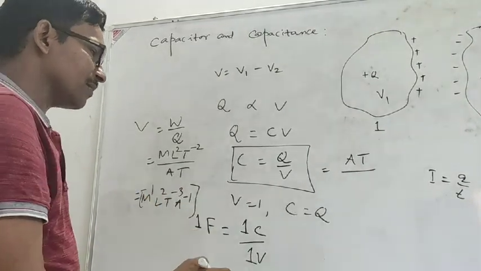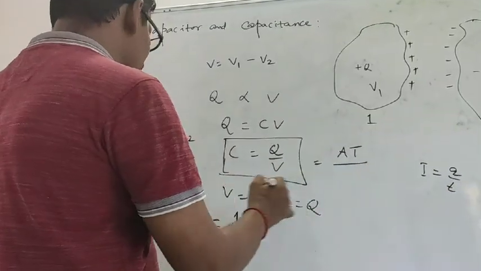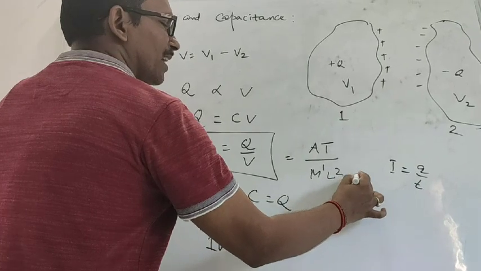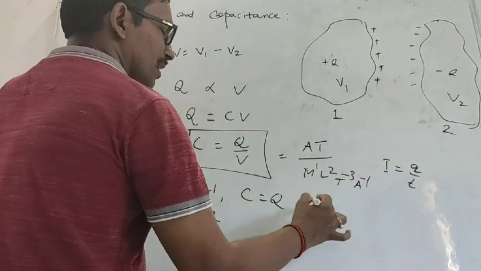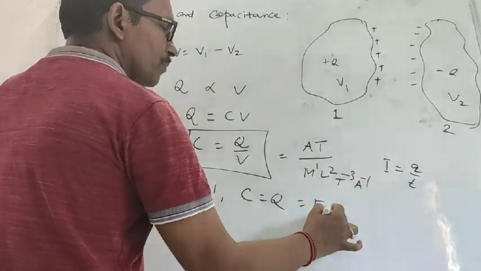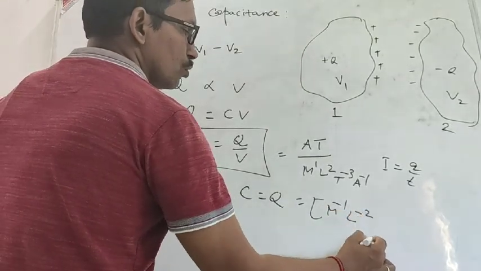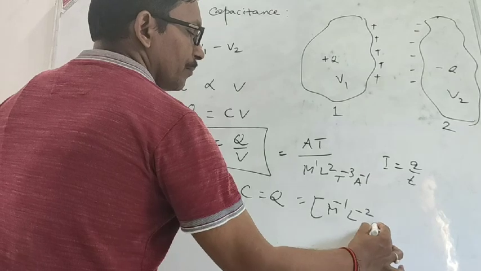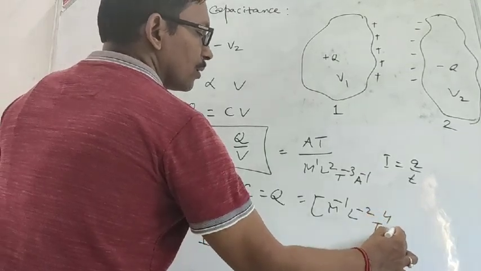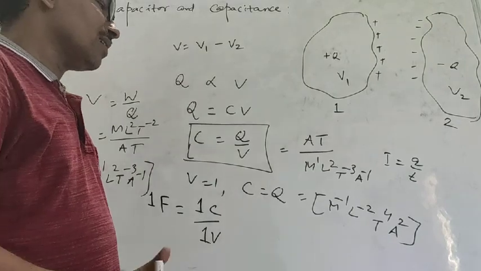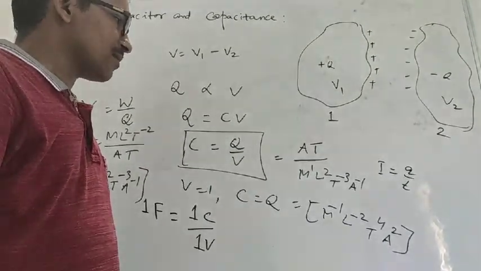Just put the value of V there. So now AT divided by M1 L2 T minus 3 A minus 1 is equal to M minus 1 L minus 2 T 4 A 2. So this is the dimensional formula for capacitance.